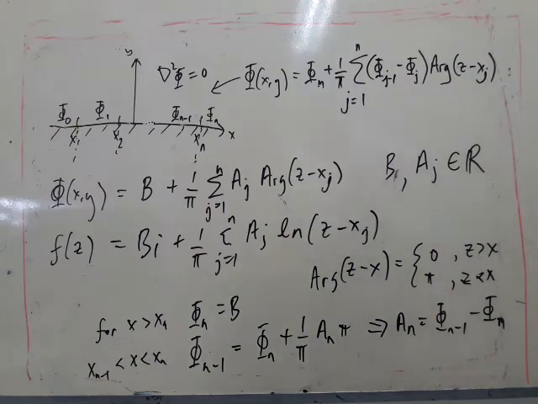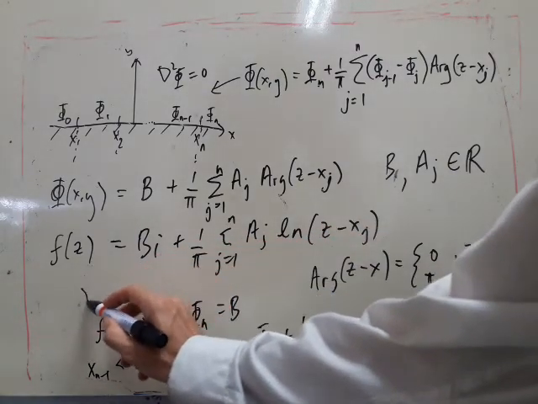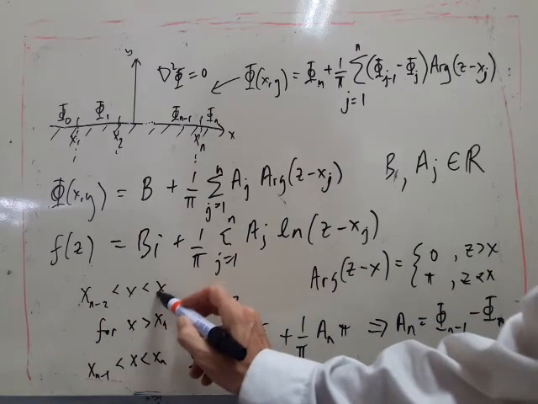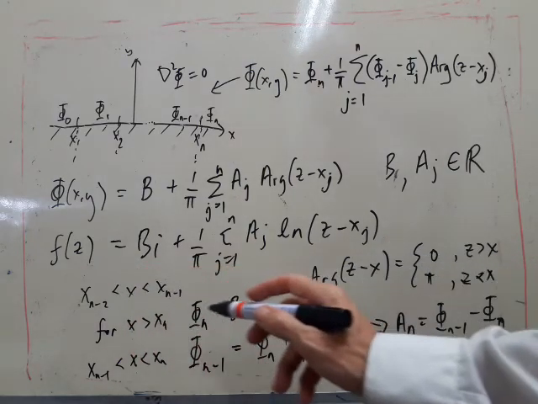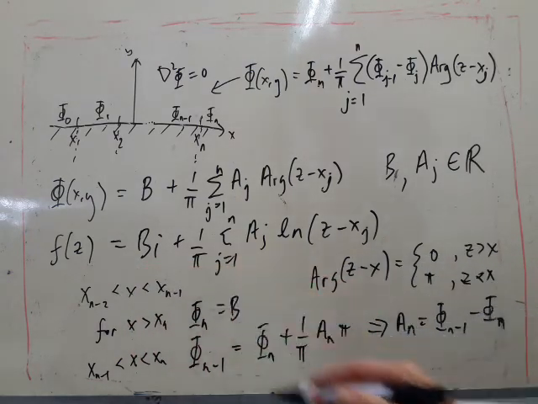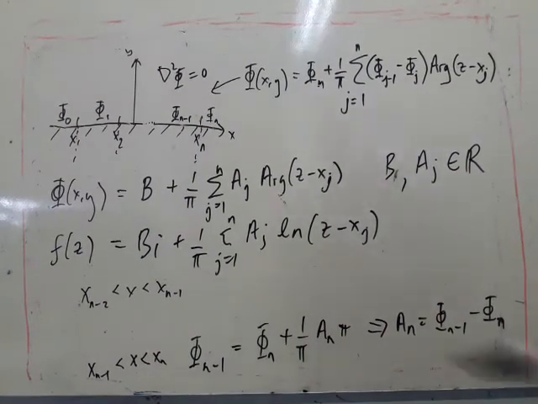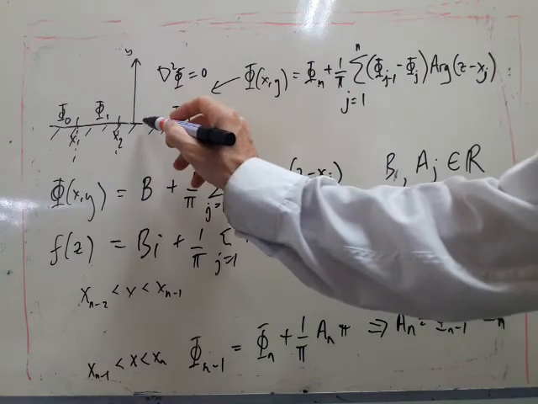The sums sort of get bigger and bigger, so we do maybe one more. So if x is between xn minus 2 and xn minus 1, then let's draw that.